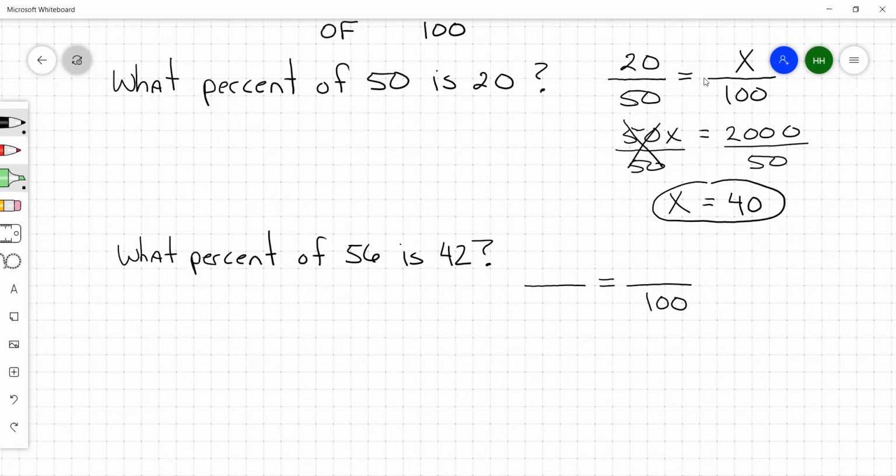The is is 42, the of is 56, and you're trying to find the percent, so that's your variable.